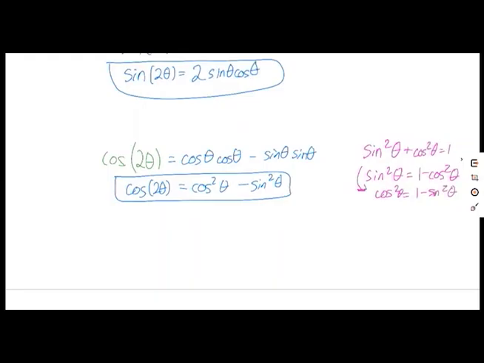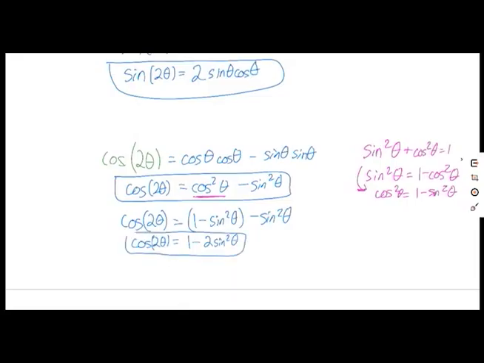I'm going to use that second one and substitute for my cos squared. Then cos of 2 theta is 1 minus sine squared, that's my cos squared, minus sine squared. So cos of 2 theta is 1 minus 2 sine squared theta, and that's our double angle identity for cosine, written entirely in terms of sine.